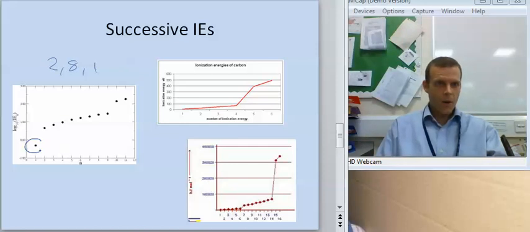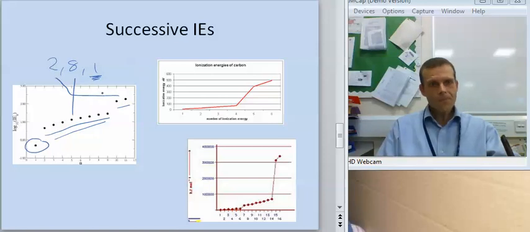What we've got is one outer electron that comes off relatively easily. You can see it's low energy. That's this one. Then we've got the next energy level, which is containing 8. And then the two that are hardest to get off are the ones closest to the nucleus. And so we've got 2 there like that.